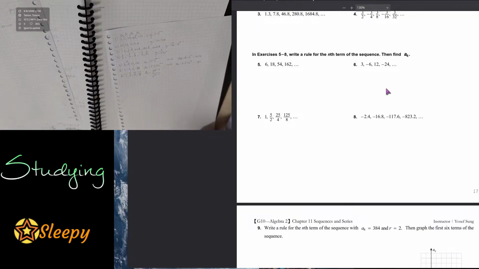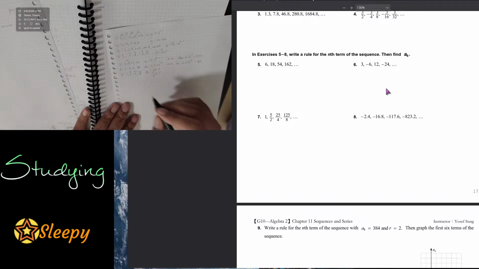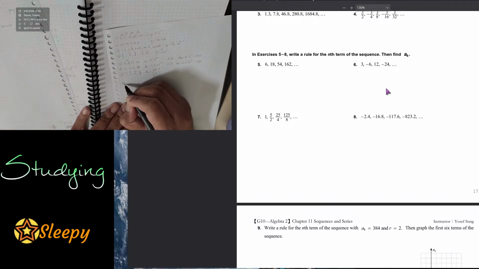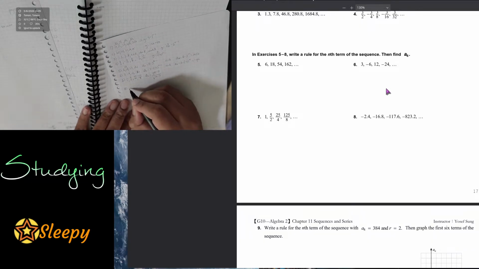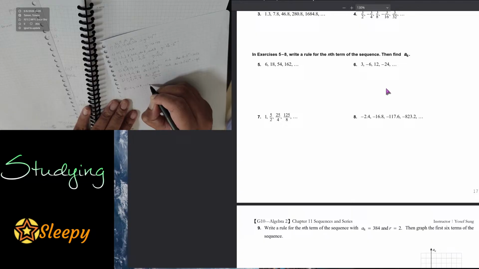Then number 8, minus 2.4, minus 16.8, minus 117.6, minus 823.2.